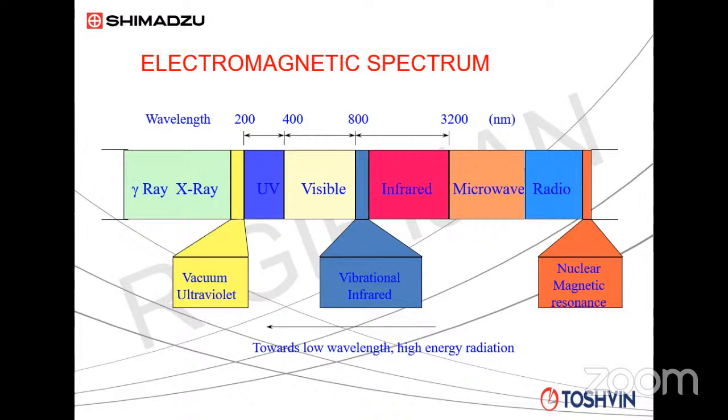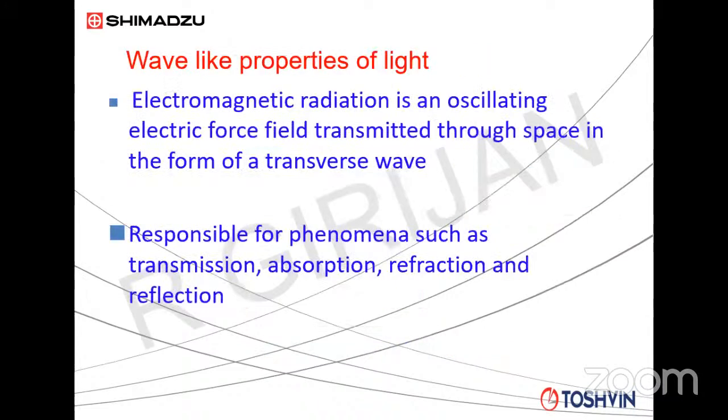When the scanning enters the UV region, your tungsten lamp will be automatically put off, and the D2 lamp will automatically become on. So it is the lamp changeover region, and that is why it is called the overlapping region. The exact wavelength at which the overlapping has to take place can be set by the service person. So 360 to 190 is the normal recording range for a UV spectrophotometer.